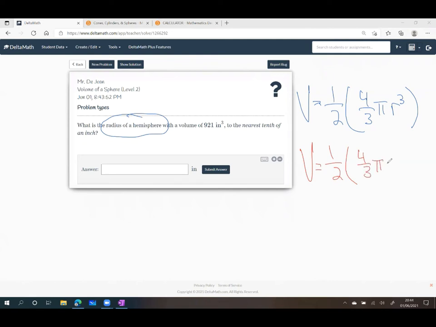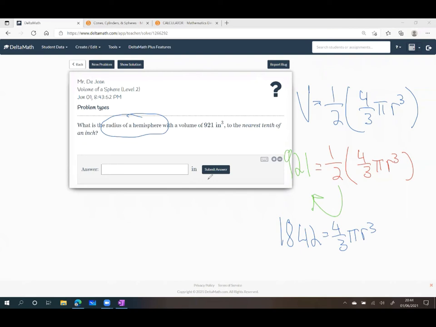Well, what is the radius? That's what we're going to need to look for, cubed. However, we already know the volume. We already know that this is 921. So if we know that that's 921, let's multiply it by 2, which will give you 1,842 equals 4/3 pi r cubed.